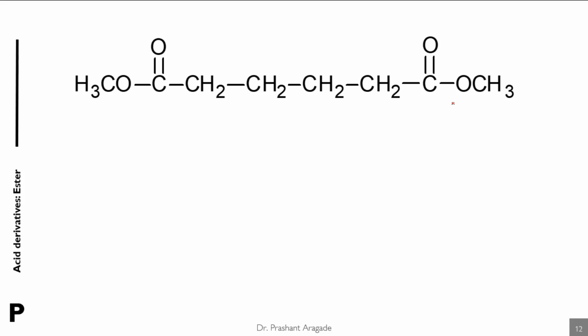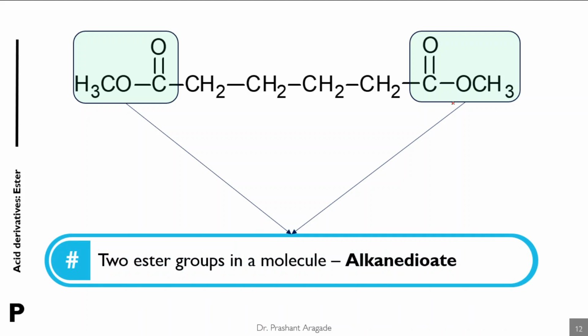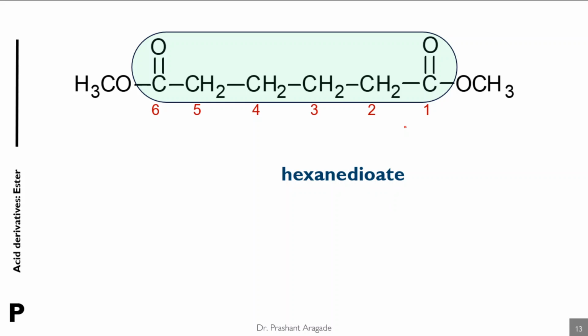Let's see another example. In this example, 2 ester functional groups are present. Whenever a compound contains 2 ester groups, it is named as alkane dioate. The prefix di is used to indicate that this functional group is present twice. So just find the chain which contains the carbonyl group. 6 carbons, so hexane.